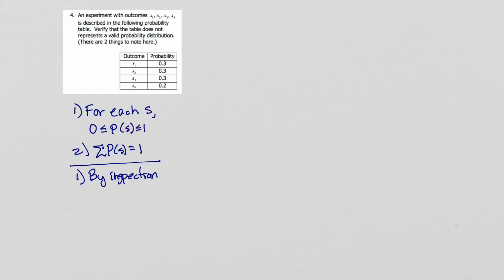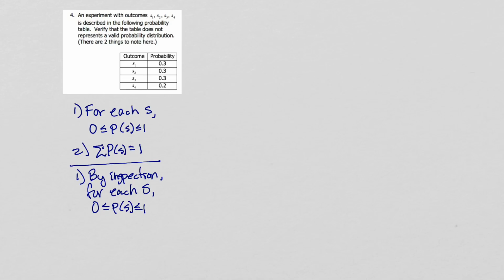For each one of these S's, 0 is less than or equal to the probability of S, less than or equal to 1. So we're carefully observing that these numbers over here, these P of S's, each one of these is between 0 and 1. Okay, that's true, we can see that.